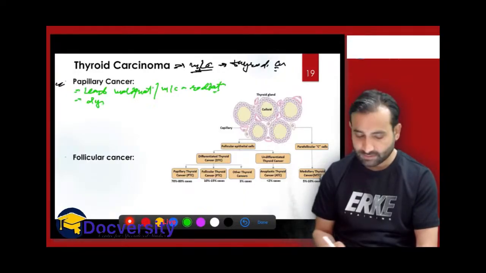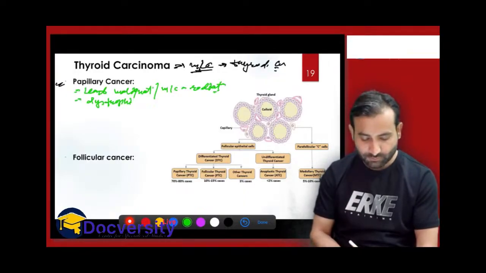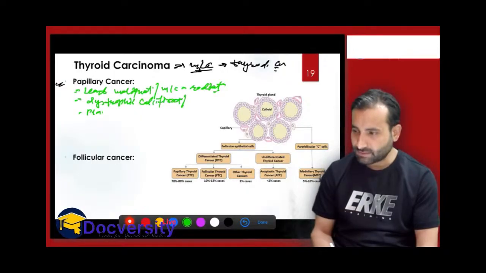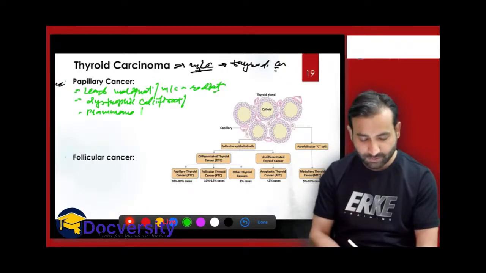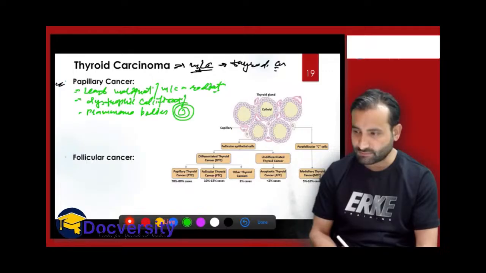A patient who is under radiation, and it shows dystrophic calcification. Similarly, it has Psammoma bodies. I will discuss the differential diagnoses of Psammoma bodies.